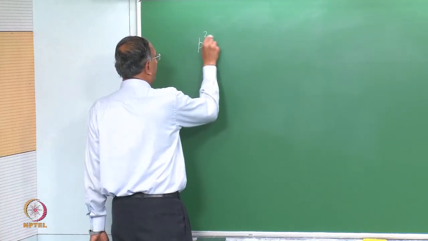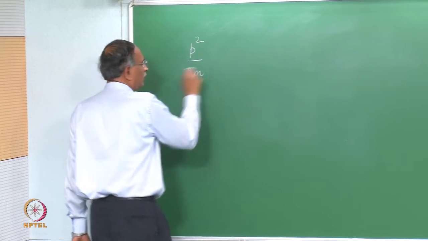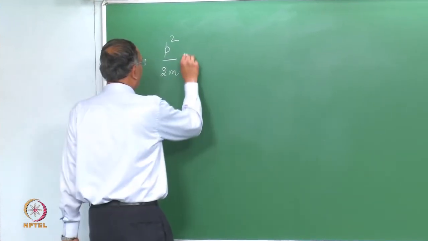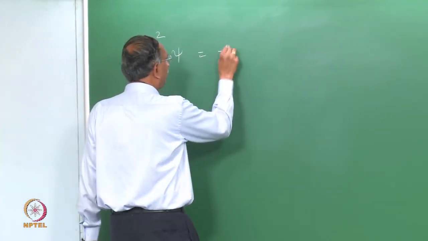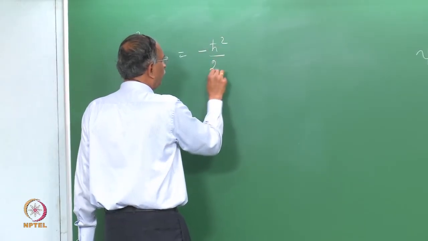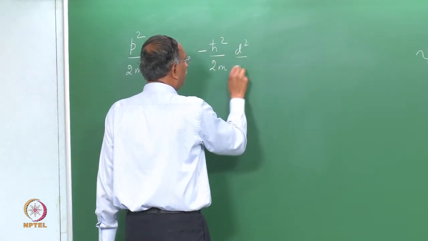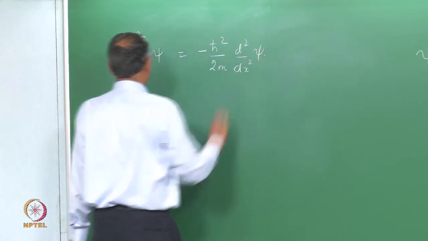Therefore, if we write the kinetic energy p squared by 2m on psi, that turns out to be minus h bar square by 2m d square by dx square psi.